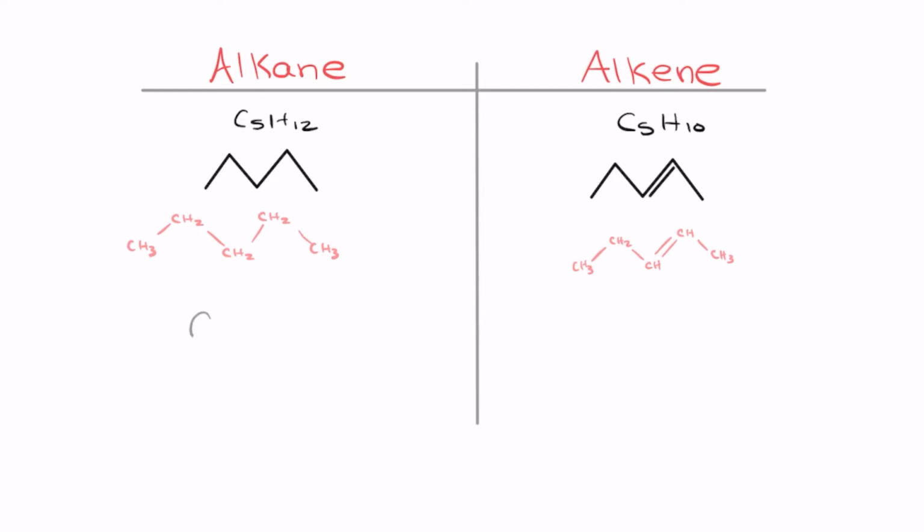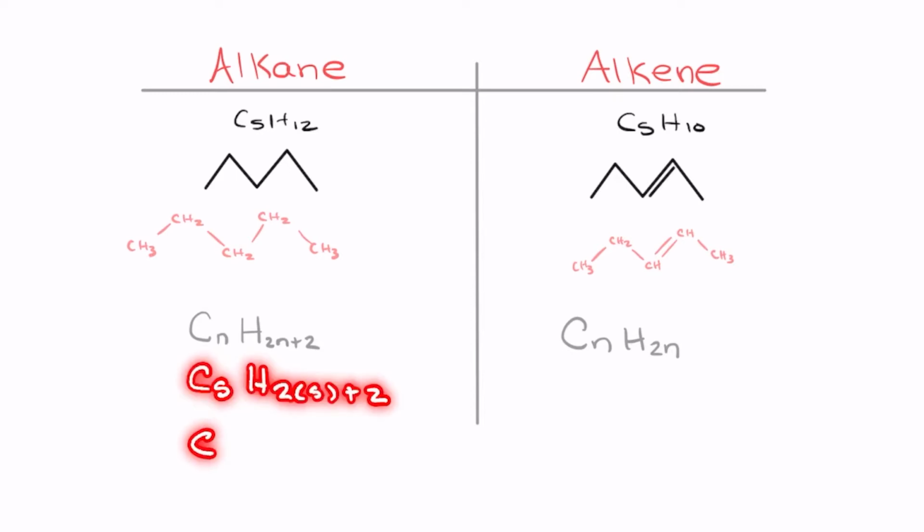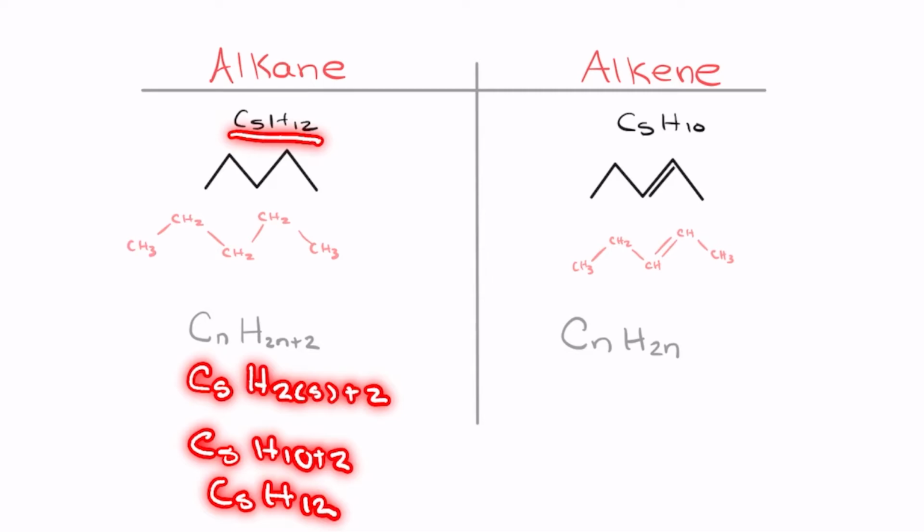For an alkane, the chemical formula is going to be CnH2n+2. As for an alkene, it is CnH2n. It makes sense because if we have 5 carbons and we plug that value in for n, we get C5H2 times 5 plus 2, which is C5H10 plus 2, and that makes a total of C5H12, which follows this molecular formula here.